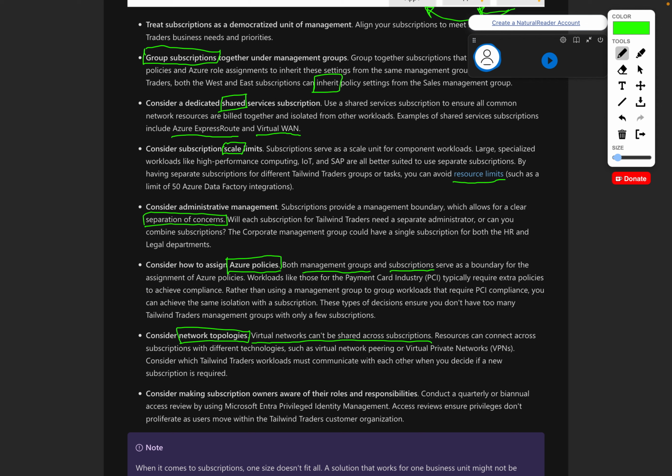So for virtual networks, we have to be careful about where we put the workloads that are using the virtual network. If the workloads are in another subscription, then the virtual network has to be created in that subscription. Otherwise, it cannot be shared between multiple subscriptions. However, we've got one solution for that. We can connect or peer these virtual networks between subscriptions using a technology like VPN.